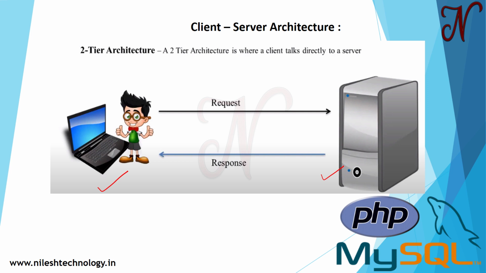If business logic and data logic are handled at the client side, then it is called a fat client and thin server architecture. If business logic and data logic are handled on the server side, then it is called a thin client and fat server architecture.